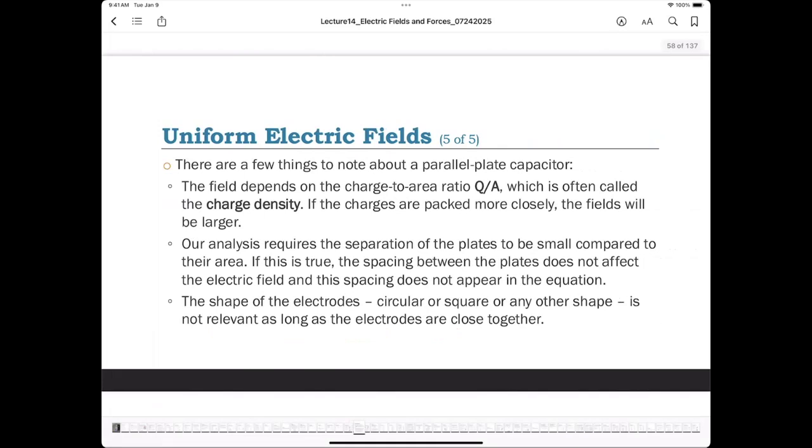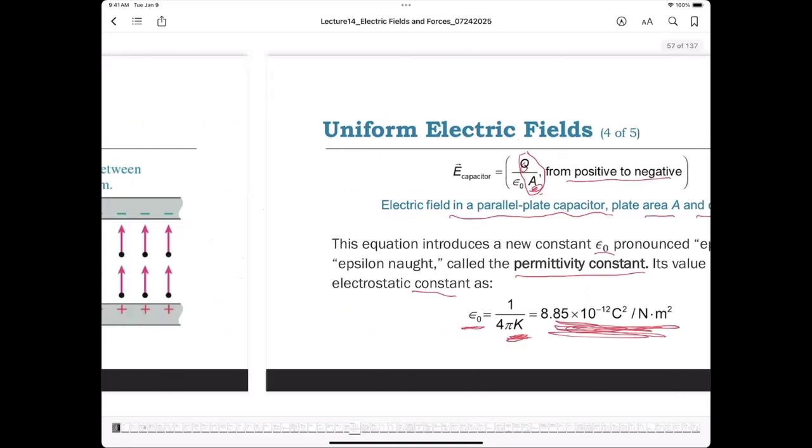Our analysis requires the separation of the plates to be small compared to their area. If this is true, the space between the plates does not affect the electric field, and this spacing does not appear in the equation.